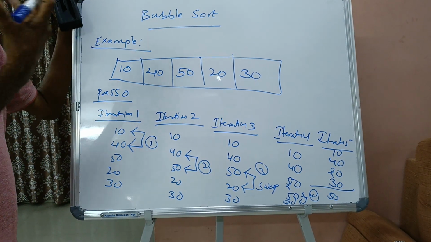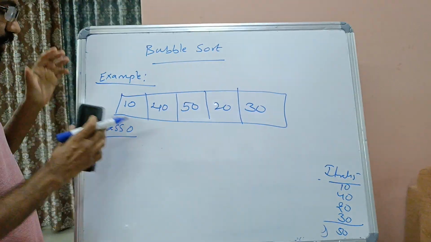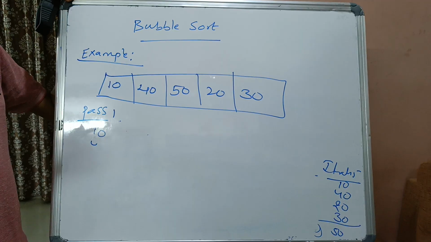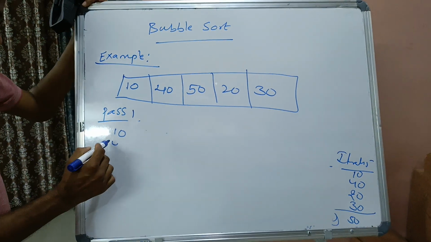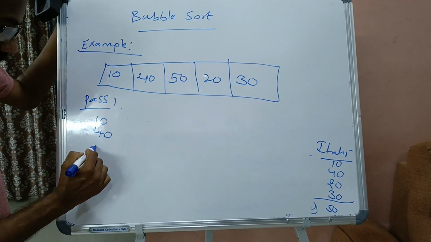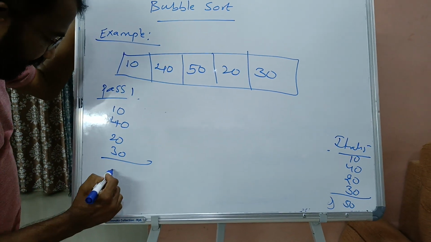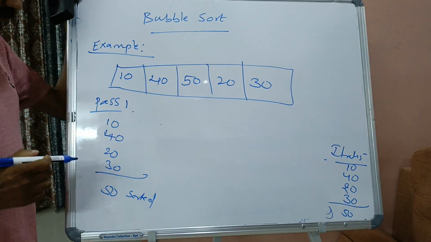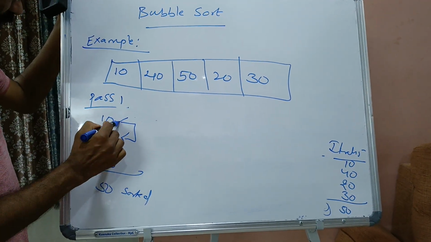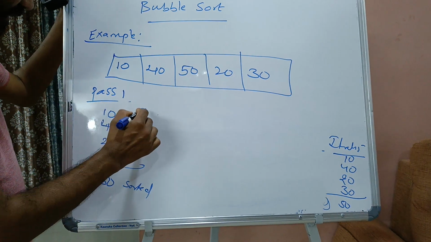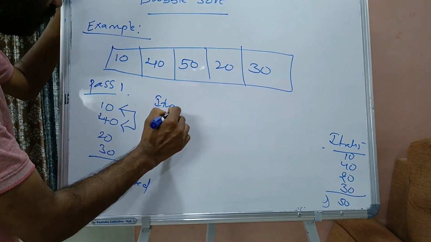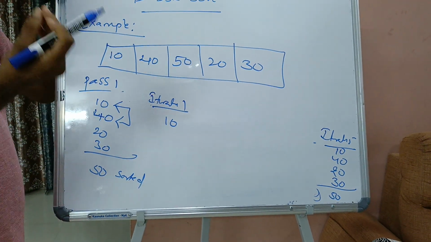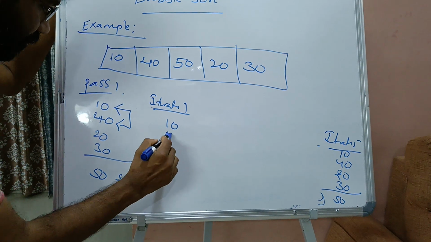Now we go to the next pass, the second pass. After pass 0, the elements are 10, 40, 20, 30, and 50 is sorted. Here the first and second elements are compared, iteration 1. 10 and 40 are compared; 10 is least, so no need of swapping.